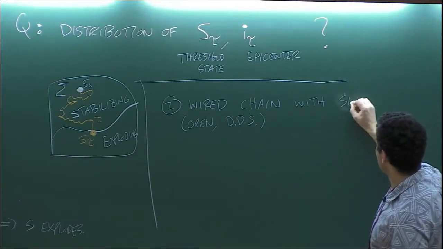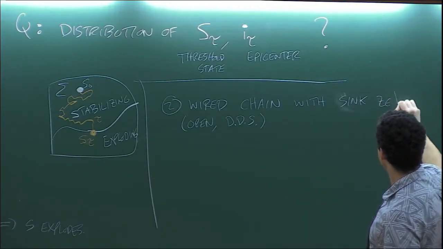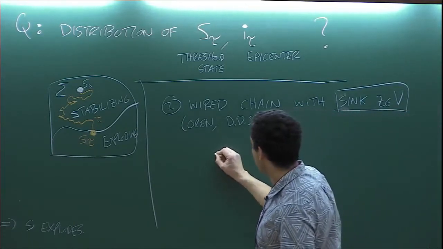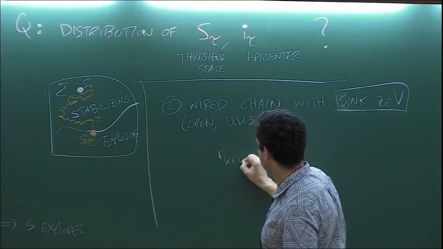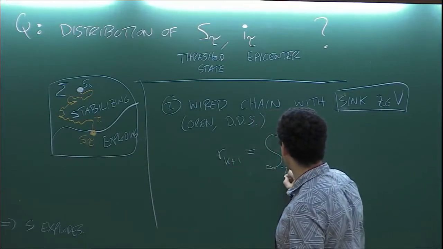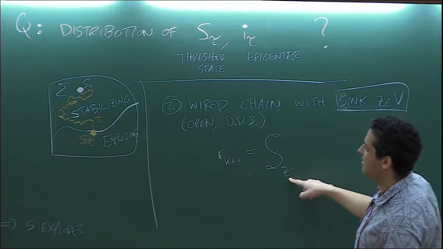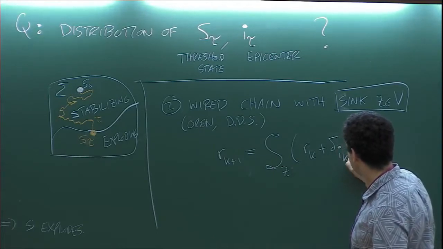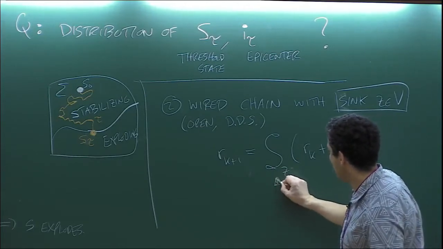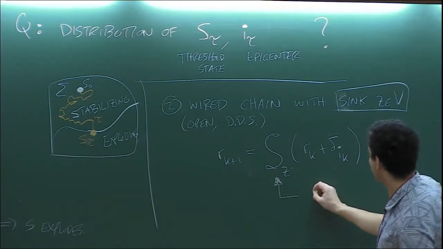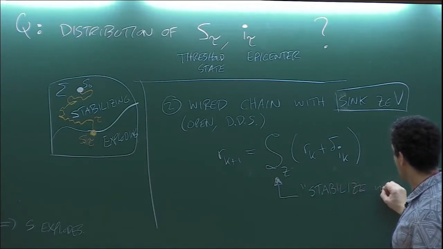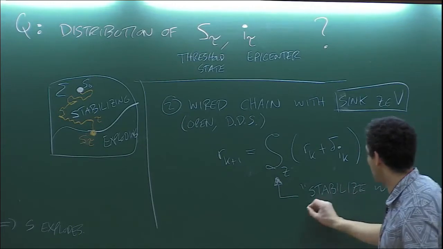So you pick a sink vertex, we call it Z, and you update by the same rule, except that your stabilization rule doesn't allow the sink to topple. So this curly S sub Z means stabilize without allowing Z to topple.